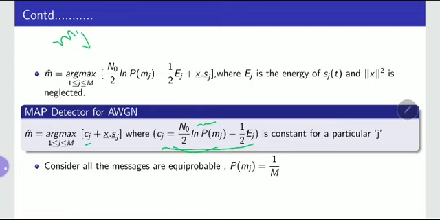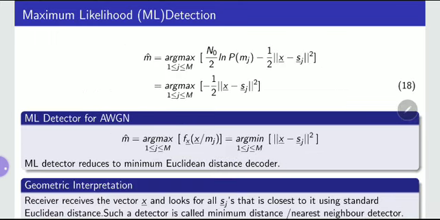So MAP detector plus an extra constraint, that is all the messages are equiprobable, that will give you the ML detector or maximum likelihood detector. We'll see why it is called maximum likelihood detector.